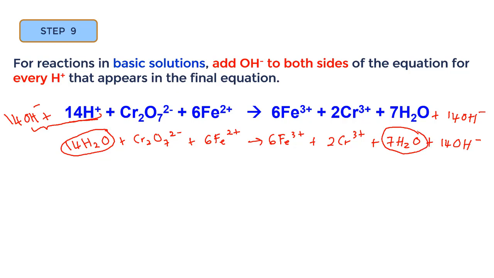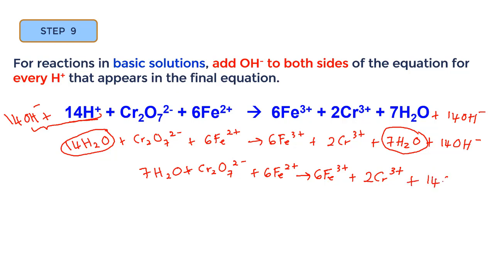So we need to settle it because water cannot appear at both sides. So 14 mole of water minus 7 mole of water is equal to 7 mole of water molecule, plus dichromate ion plus 6 mole of iron 2 plus ion produces 6 mole of iron 3 plus ion plus 2 mole of chromium 3 plus ion plus 14 hydroxide ion. Alright.